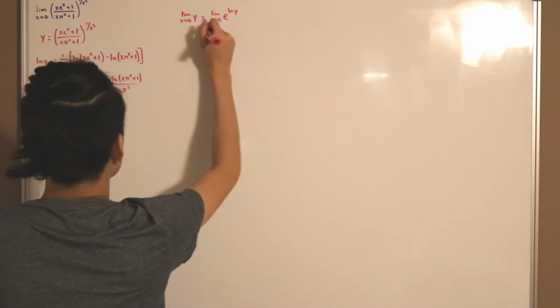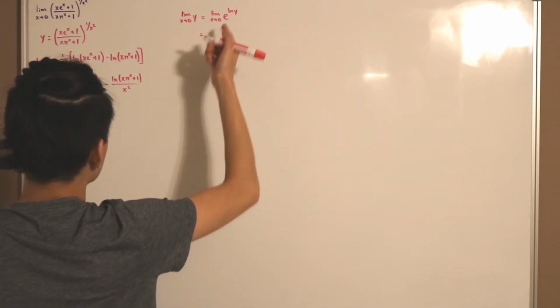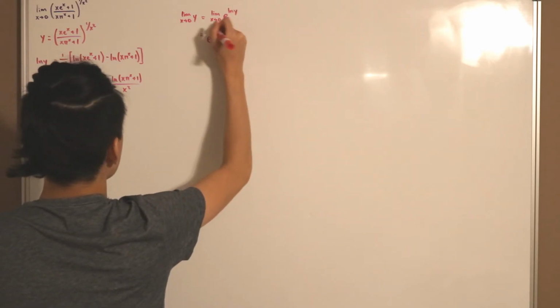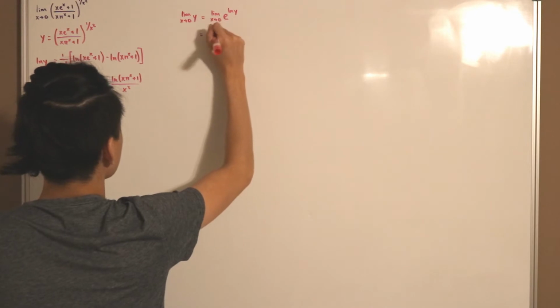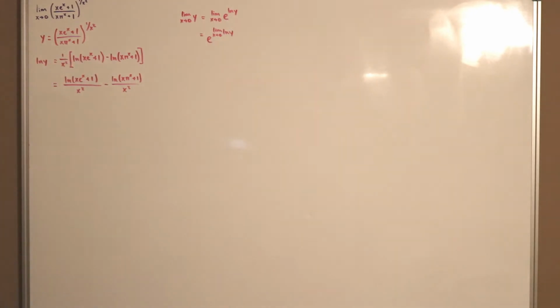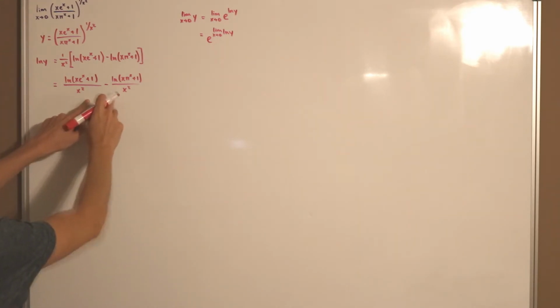And because we have an e base, the only thing we're actually taking the limit of is just the ln of y. So this is the same thing as e raised to the limit as x approaches 0 of ln of y. So basically what we're doing is taking the limit of this function in particular.